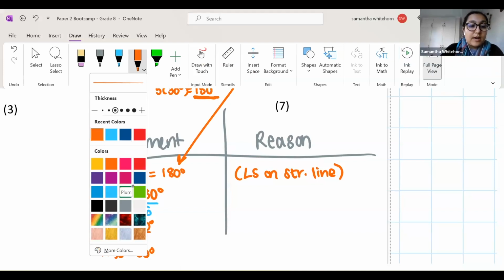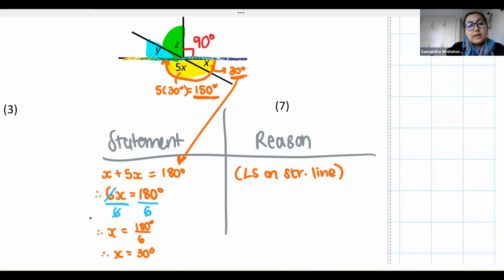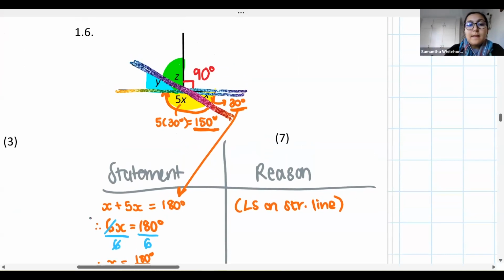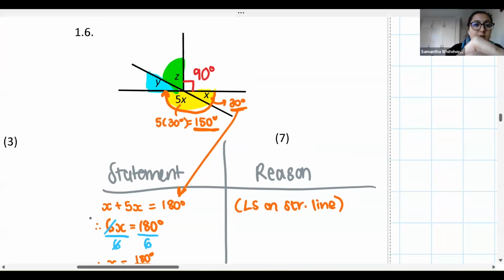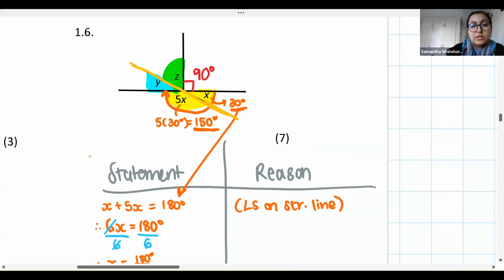So if I now go and have a look at the next thing that I know I've been given, I can see that I've got 2 lines intersecting with each other, forming a cross. So if we go to these 2 straight lines, they're forming a cross.